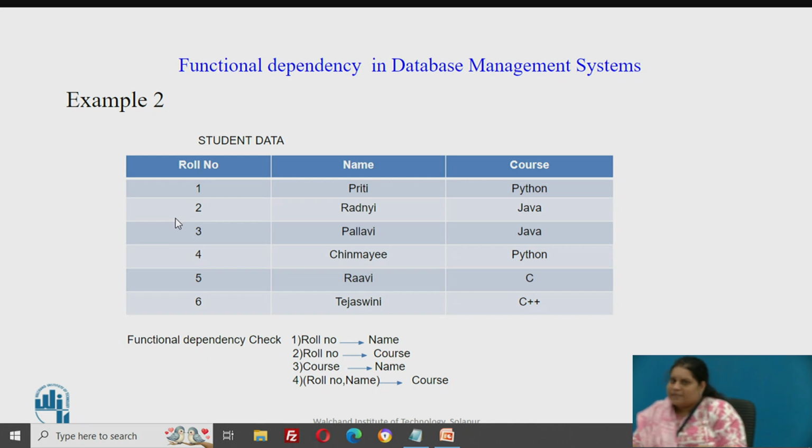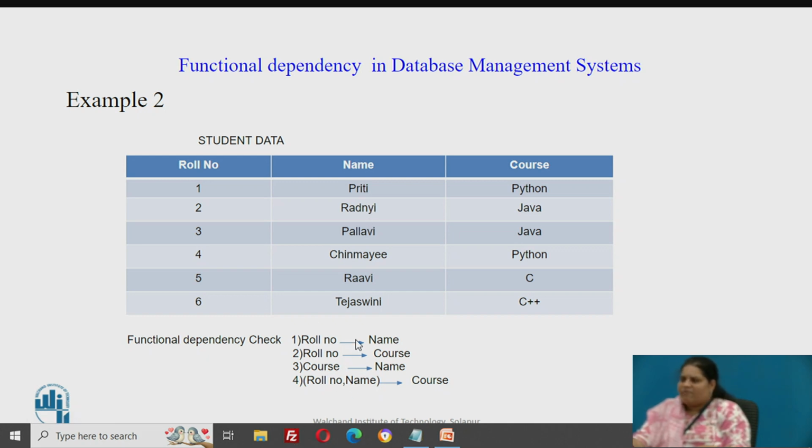Tuples are nothing but the rows here. For example, if we consider the first two rows, T1.A is roll number 1, T2.A is roll number 2. Here the names are different, Preeti and Ratni. So roll number has a functional dependency with name.